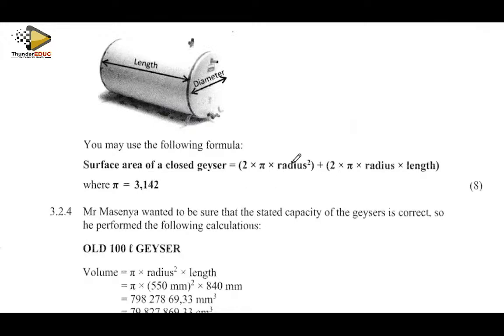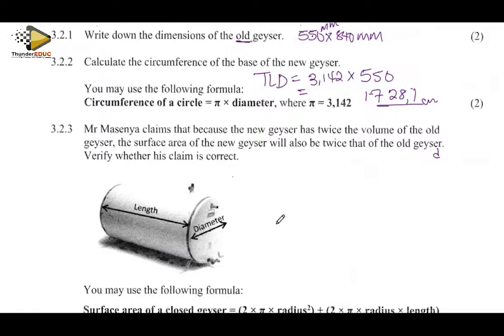But if you don't use that one, it's fine. The one that we usually use is 2 pi r into r plus h. This is the same as the circumference, pi d into r plus h. Use this if you don't mind.